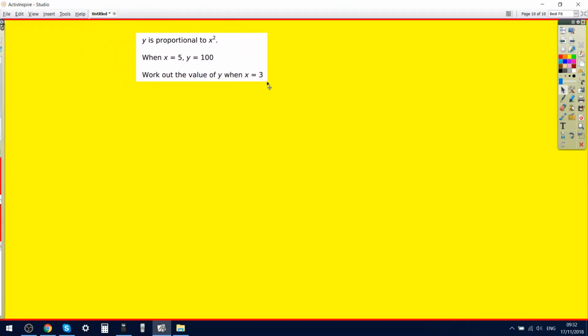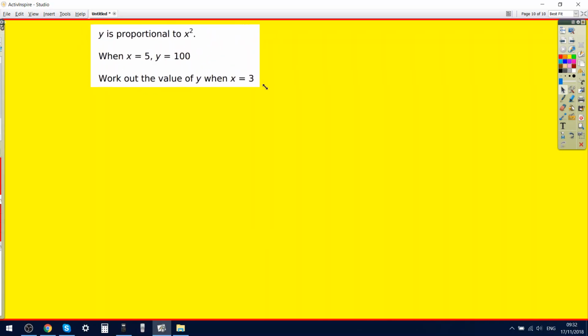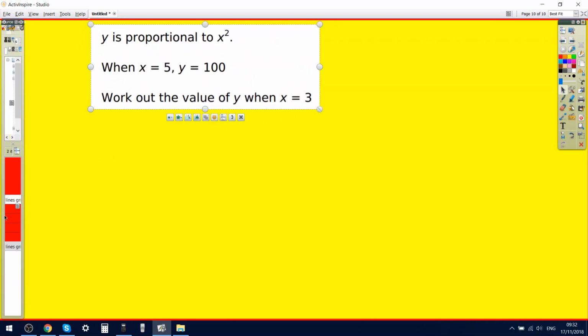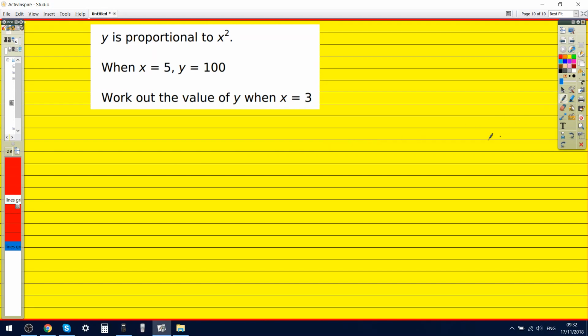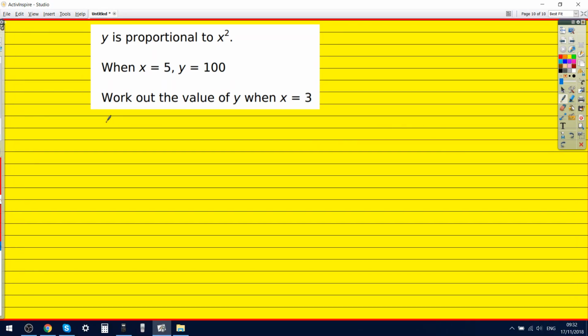What would be the formula for this one, do you think? y equals kx squared. Okay, using that, try to solve this.